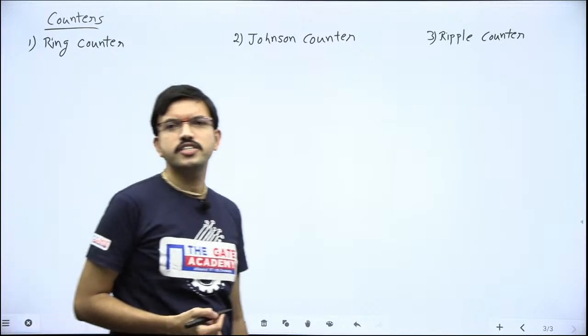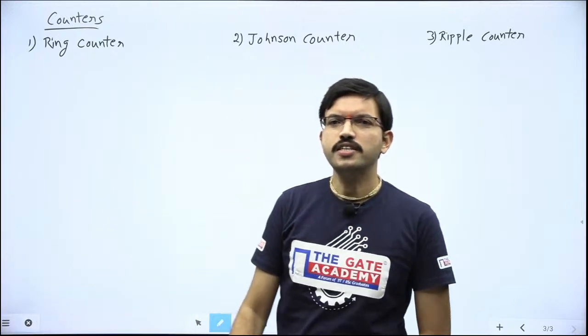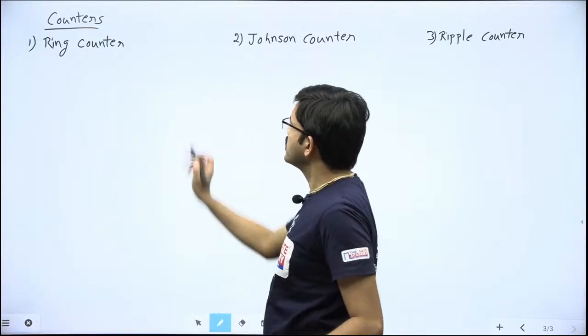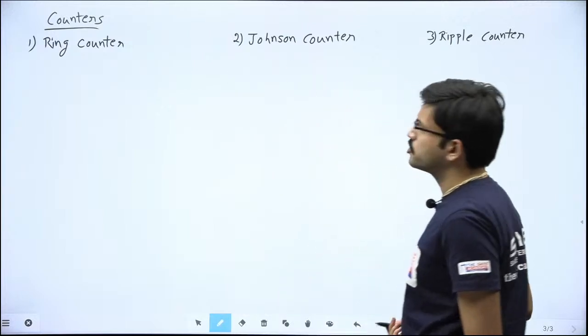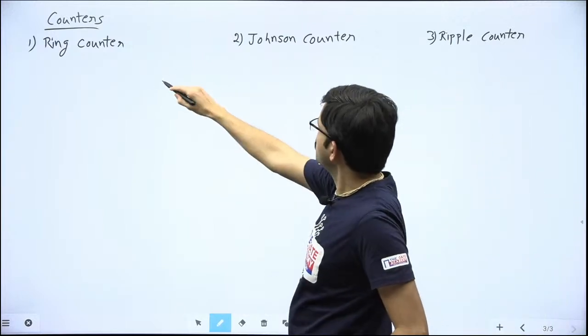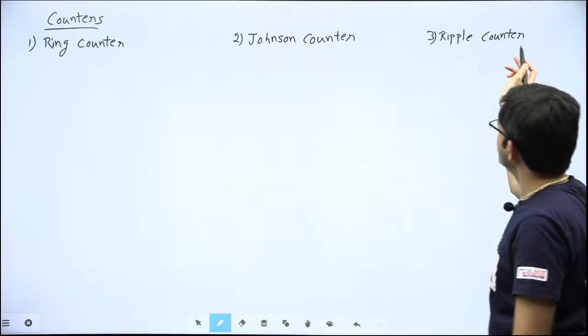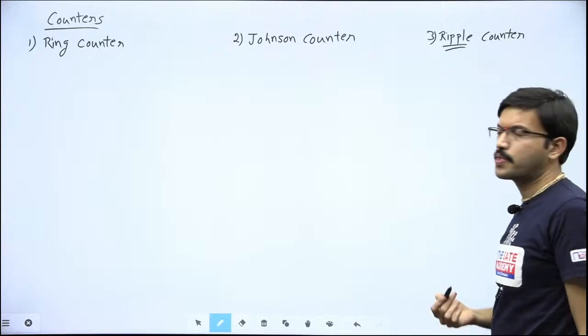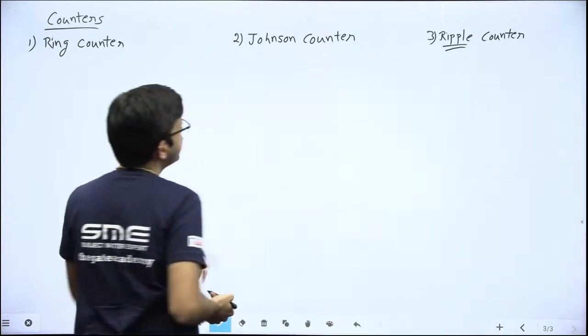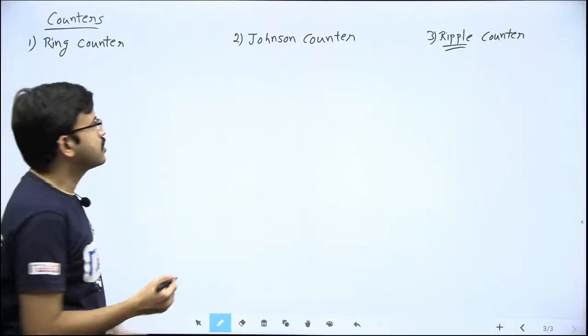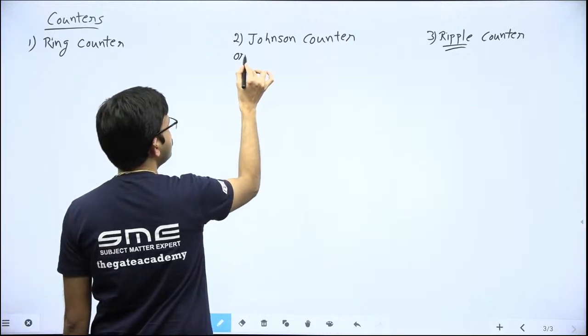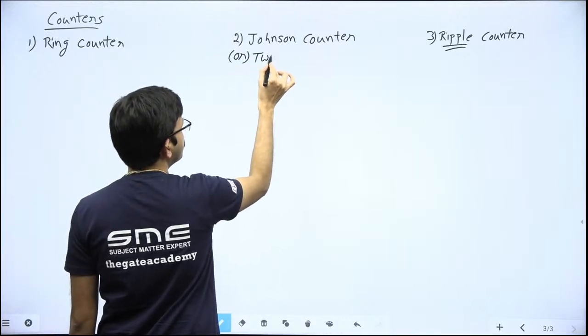Yeah, very good Nikita, very good Aswin. Ring counter, Johnson counter, ripple counter, right? In the ring counter and Johnson counter we will use D flip-flops, whereas in the ripple counter we will use T flip-flops. Regarding Johnson counter, the other name is twisted ring counter.